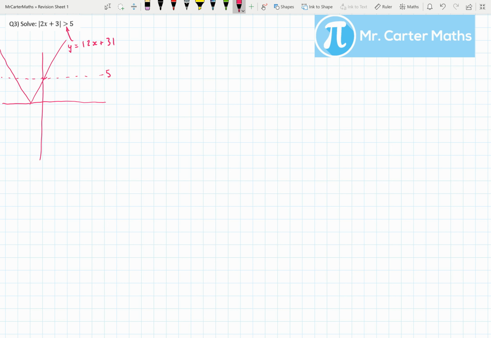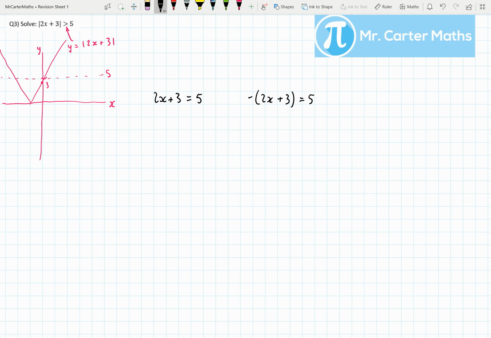Obviously that intercept's only at 3, so my 5 should probably be a little bit higher up if I'm thinking about my scale carefully. Okay, so I'm going to go ahead and solve this. With mod equations, I would like to know either when is the positive part of this equal to 5, or when the negative part of my mod is equal to 5.